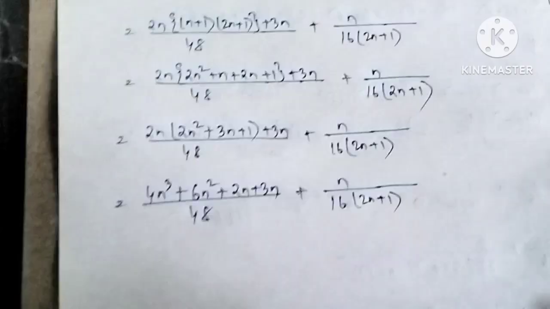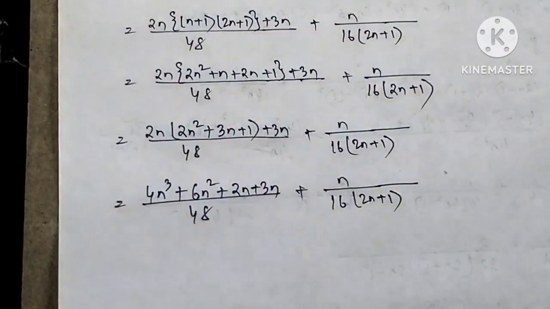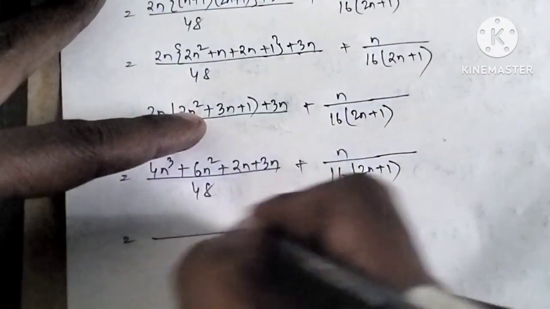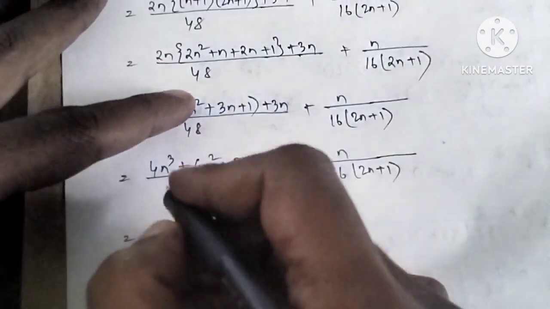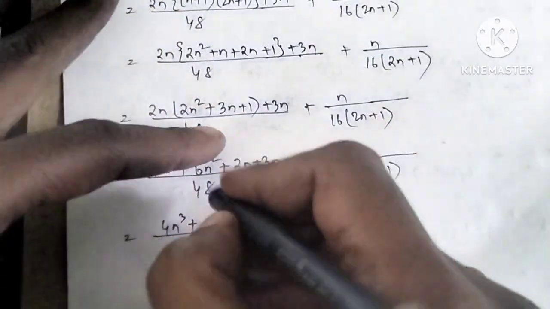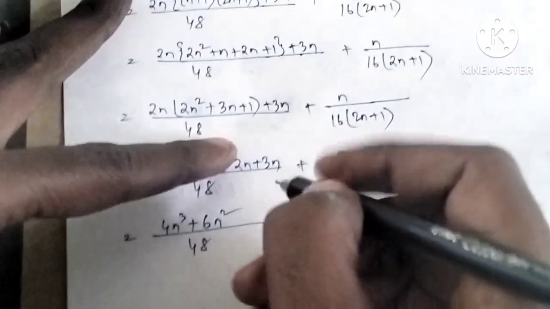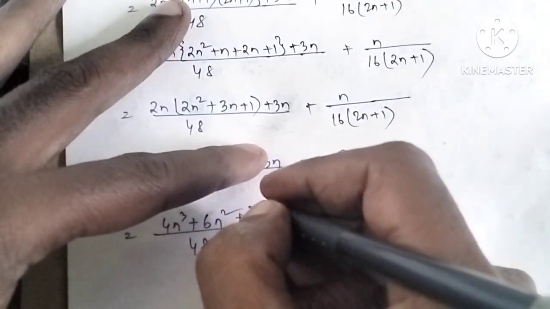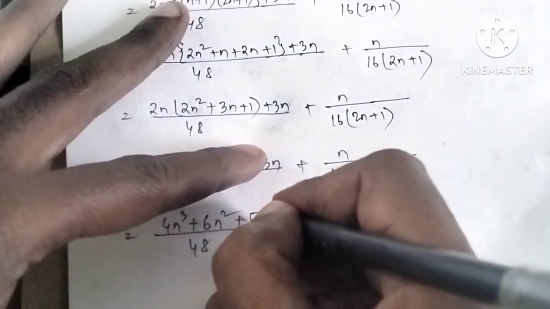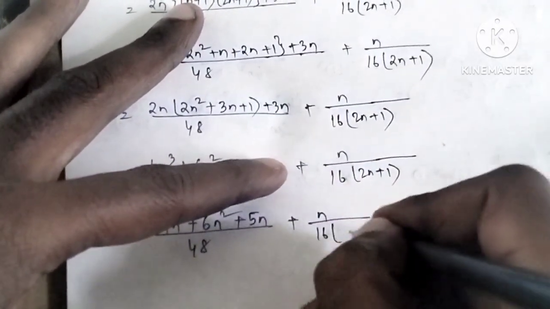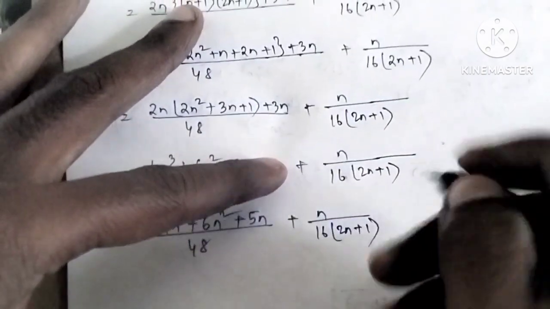So this will be 48, 4n cube plus 6n square plus 5n, plus n by 16 into 2n plus 1.